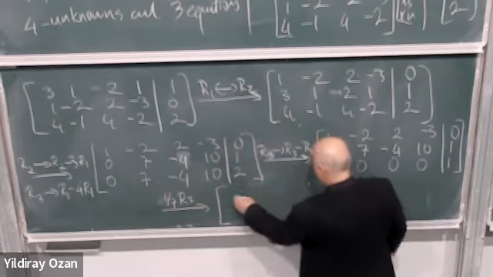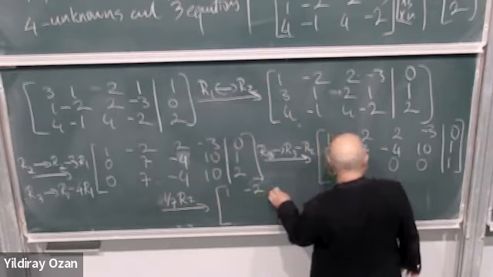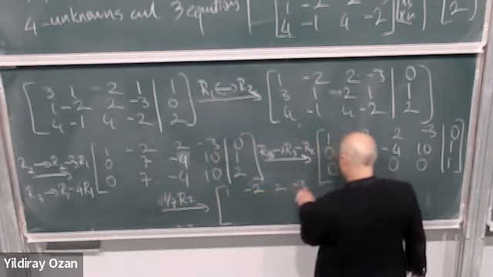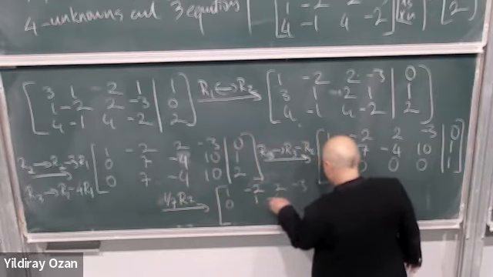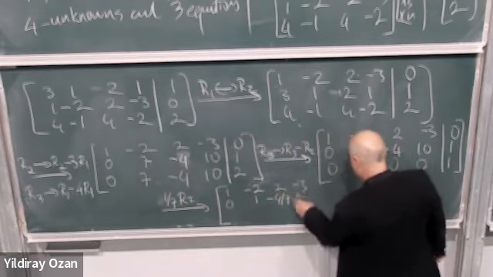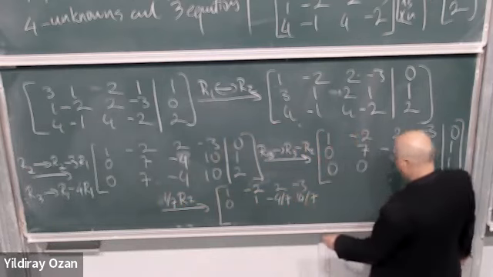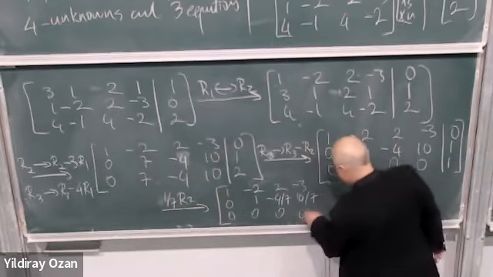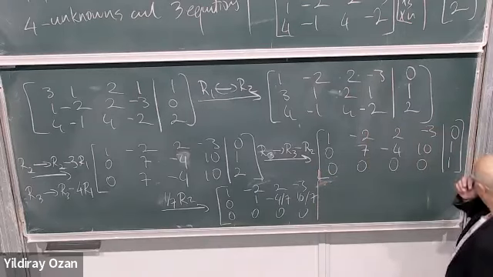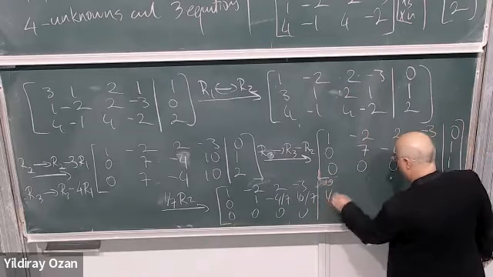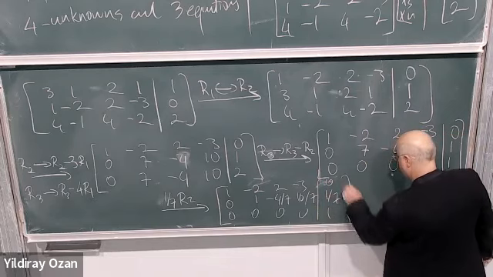You get 1 minus 2, 2 minus 3, 0, 1, minus 4/7, 10/7, 0, 0, 0, 0. And then here I have 0, 1/7, and 1.